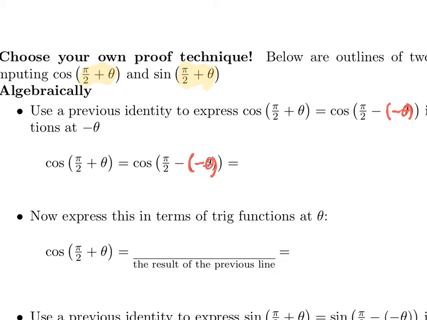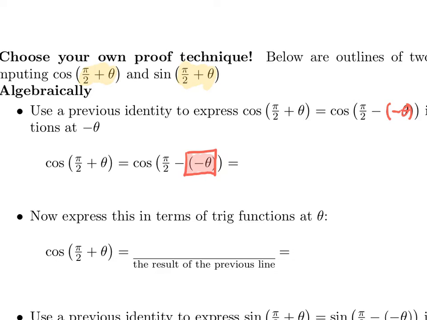There's that color coding. You know what? I think it would be better to highlight. So I'll make this bit red. But now I'll treat this bit in red like it's a variable of its own. Now I'll just put it in a red box. Well, then I see the cosine of pi over 2 minus a red box.